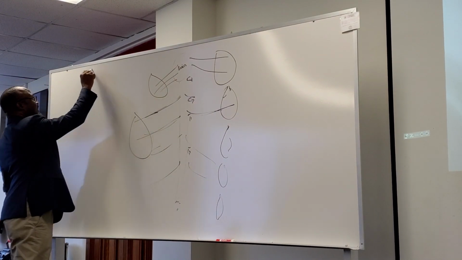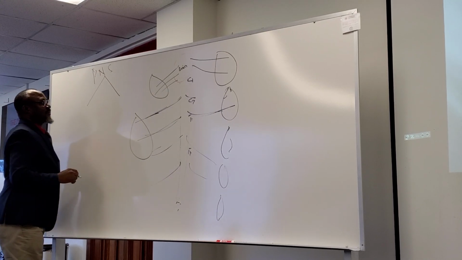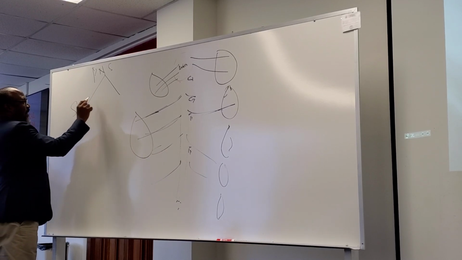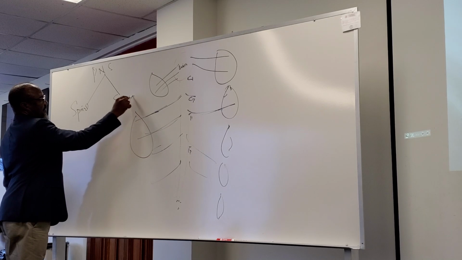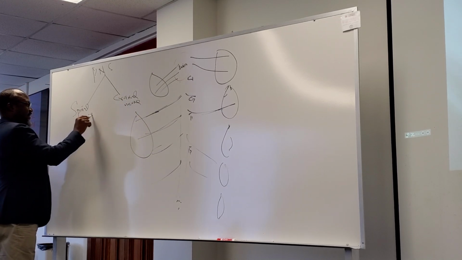So the peripheral nervous system will be divided into those spinal nerves and then the cranial nerves. So they are made up of spinal and cranial nerves.